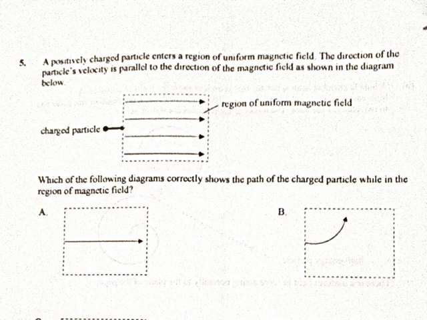Right, we've got a positive charge inside a uniform magnetic field, and its velocity is parallel to the direction of the magnetic field. This is kind of a trick question because it's saying velocity is parallel to the direction. As you know, using the left-hand rule, everything has to be at 90 degrees.